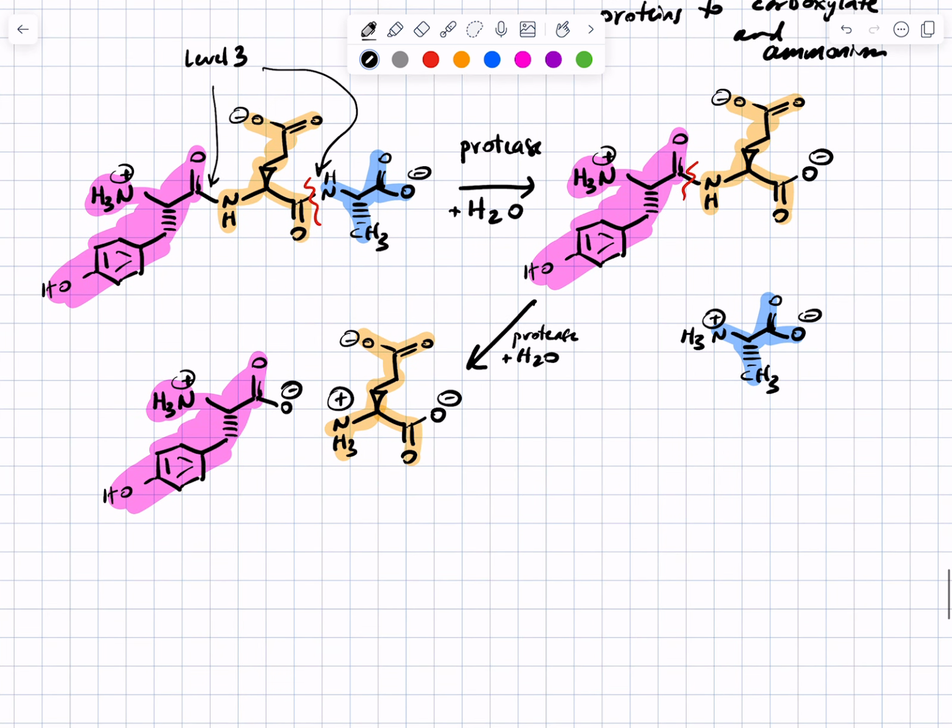They get hydrolyzed to form carboxylates. The blue amino acid already had a carboxylate, so we're not going to count that. Let's count the new carboxylates, the yellow carboxylate and the pink carboxylate, which are all level 4. So amide hydrolysis is downhill in energy.